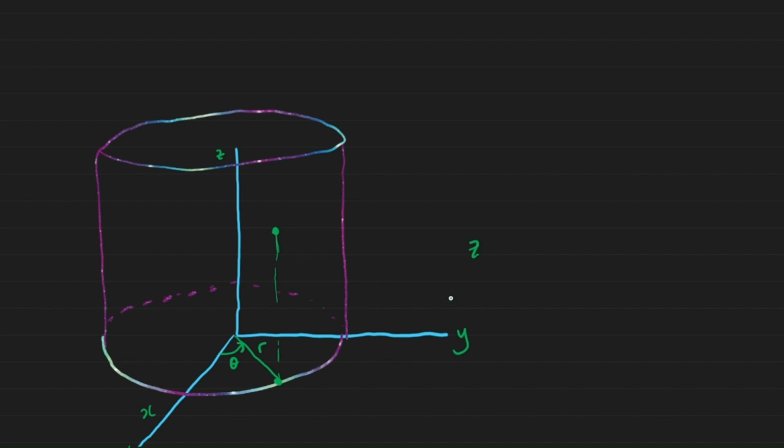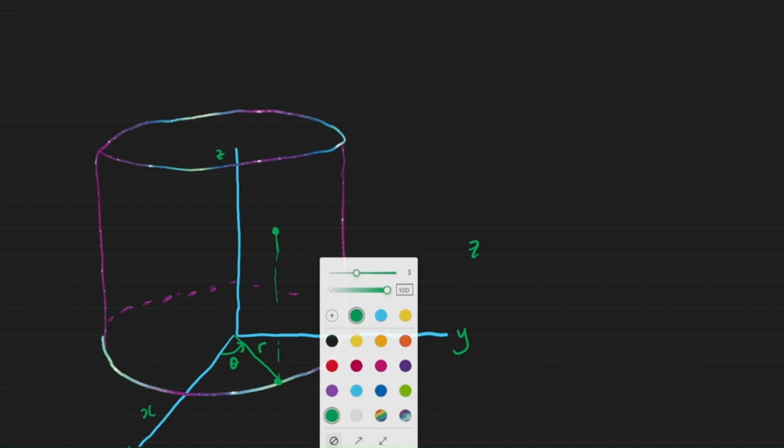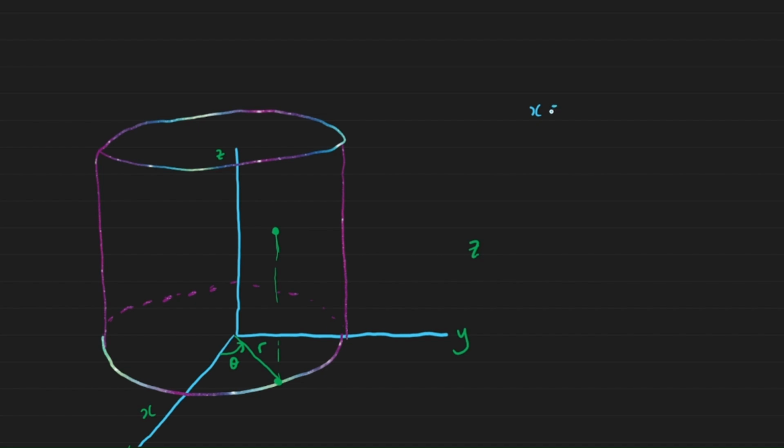If we do our conversions, if we convert to the x and y coordinates, we can see that x is simply r cos theta, as was the case with polar coordinates. We can understand this by just looking at the basic triangle. There's our triangle, there's our angle theta, and this is x and y, and that's r.